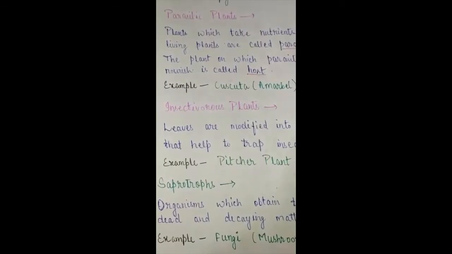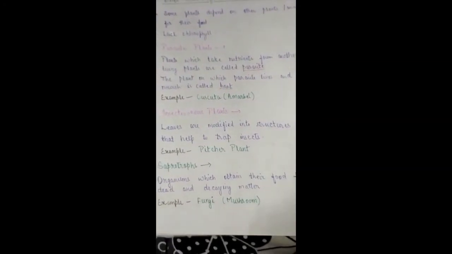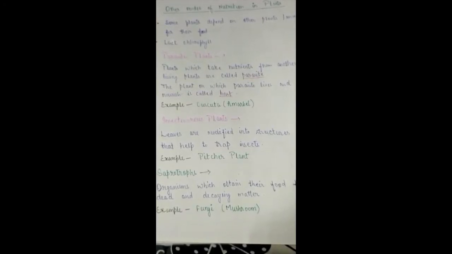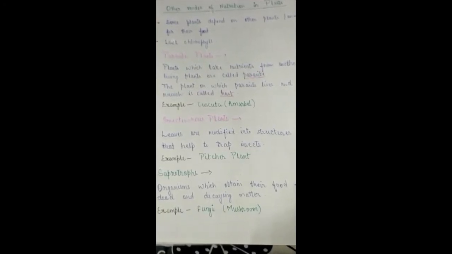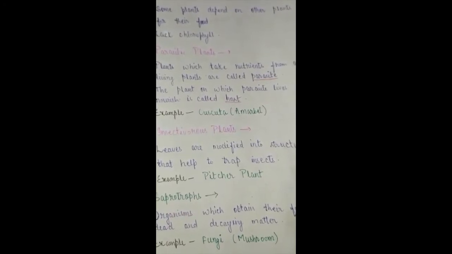The next is insectivorous plants. Leaves are modified into structures that help to trap insects. The example of an insectivorous plant is the pitcher plant. In the pitcher plant, the leaf is modified into a pitcher or jug-like structure.